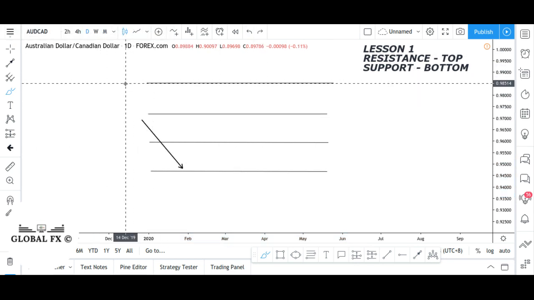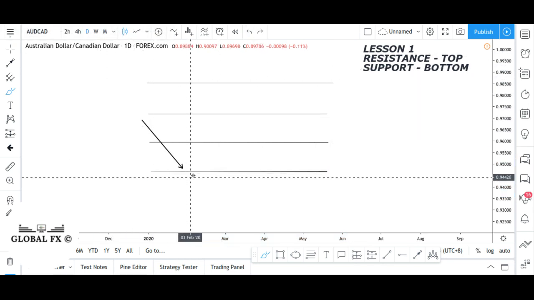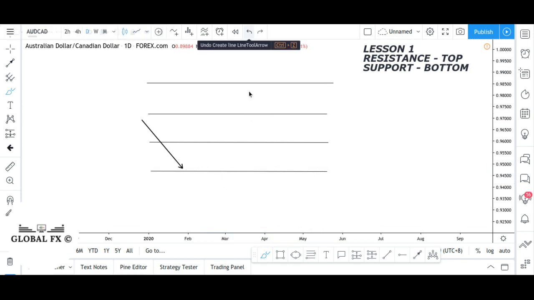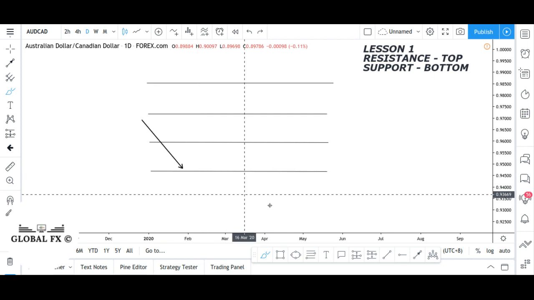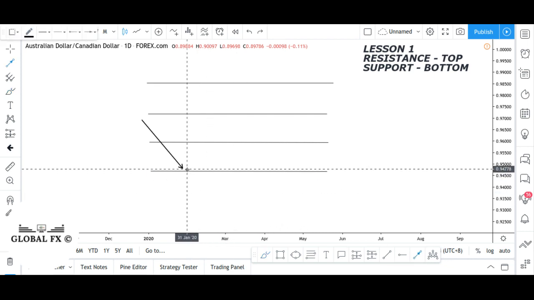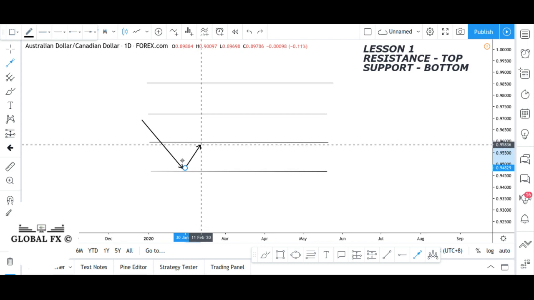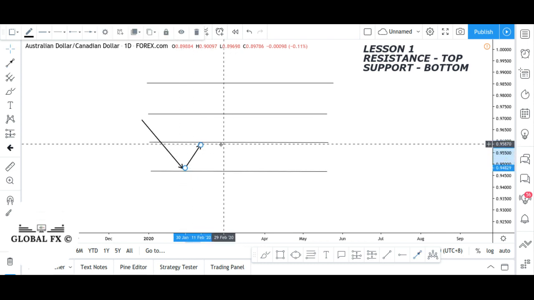If we come in from the top to the bottom, then this one will be support. Once we come down to the support area, the market will then definitely move to the next resistance.